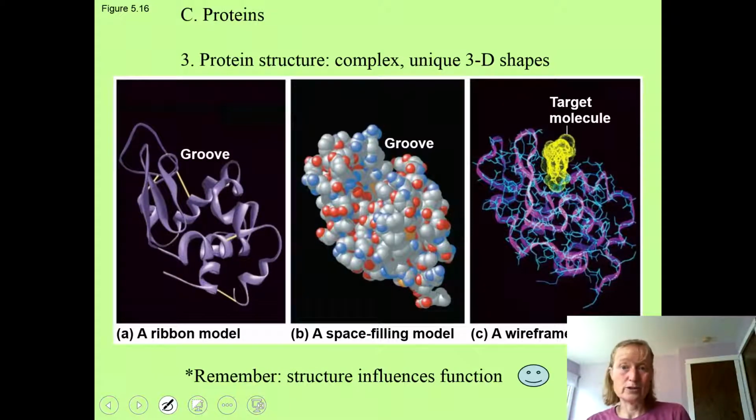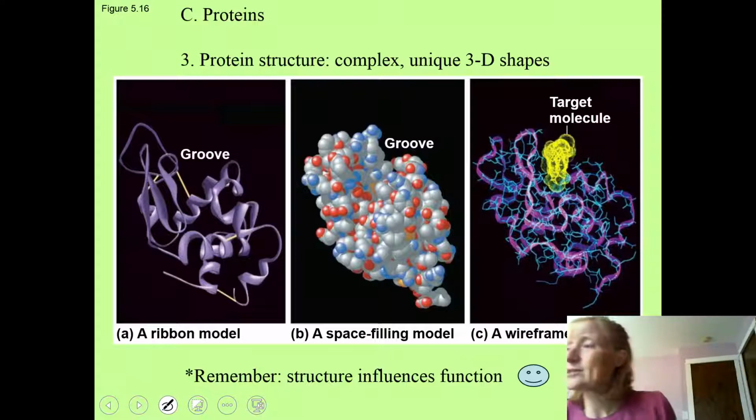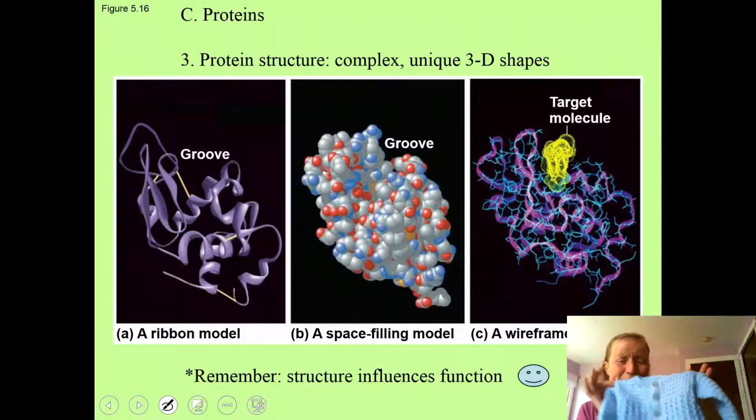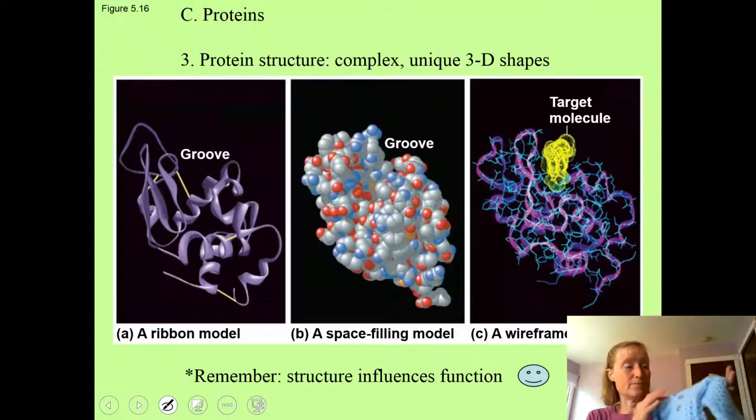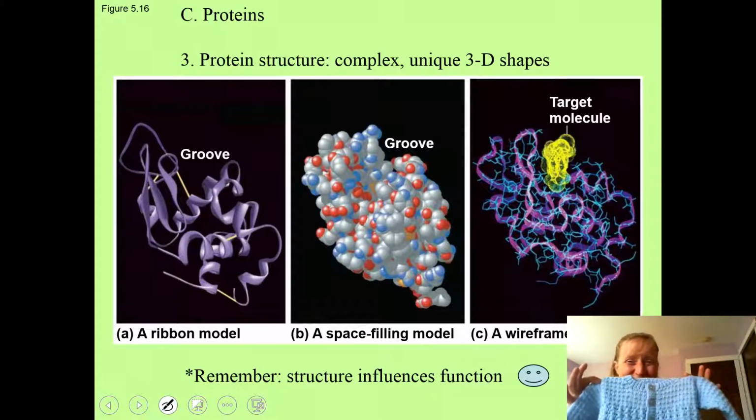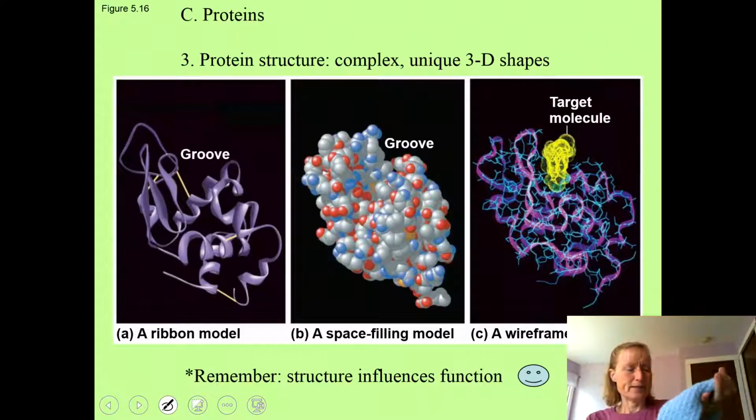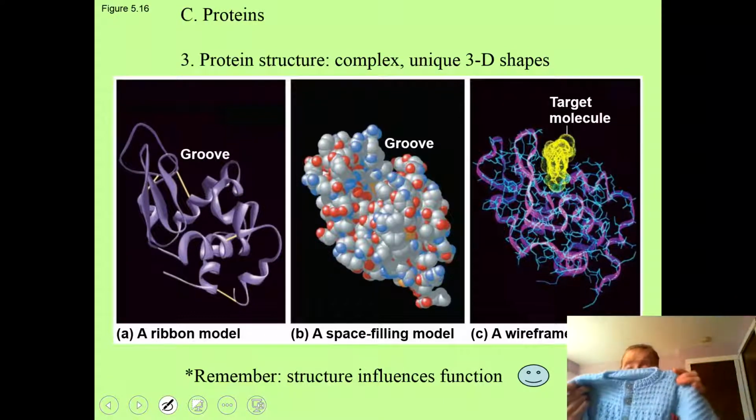In one of the older textbooks, proteins were compared to knitting. And so I pulled out a really cute, tiny sweater that my mother-in-law knit for one of my kids when he was born. It's amazing. It's complicated. There are different kinds of stitches, some with little holes, a ribbing stitch, a different stitch up at the top that I don't know its name.